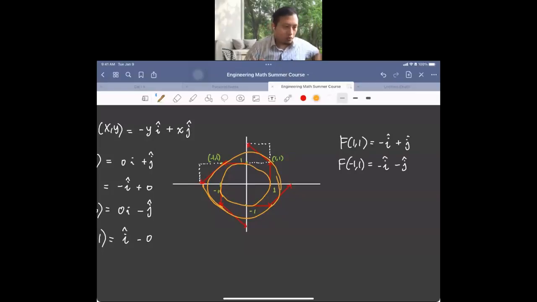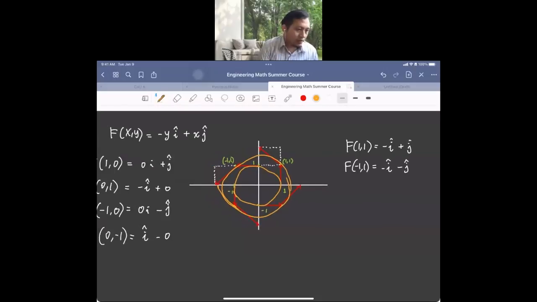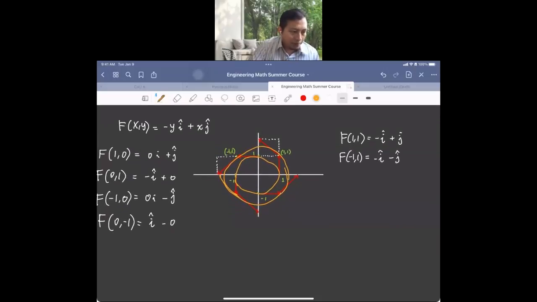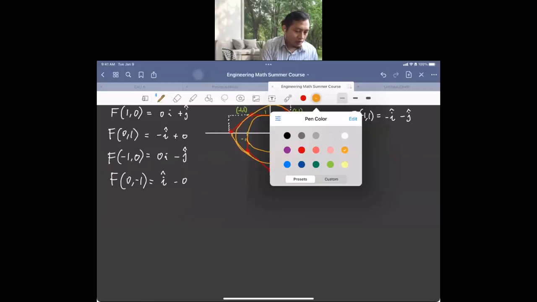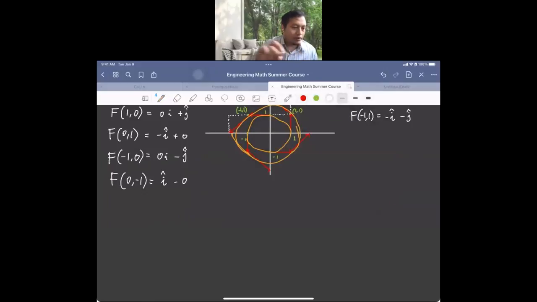So we can see that we can draw the vector fields through some graphs. That's just an example of how we draw vector fields.